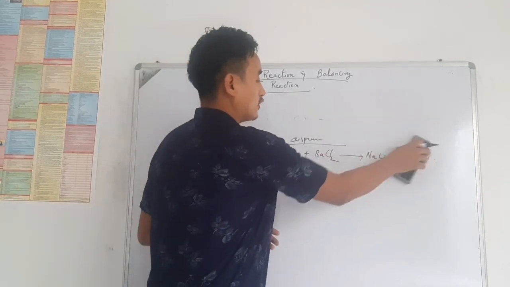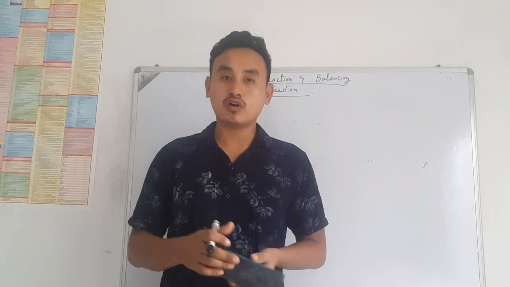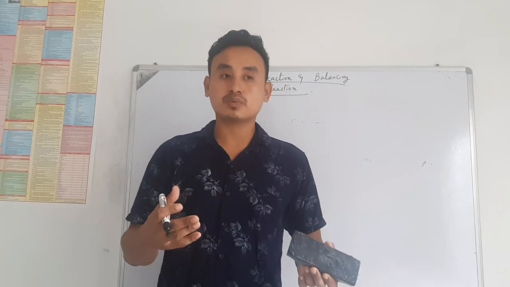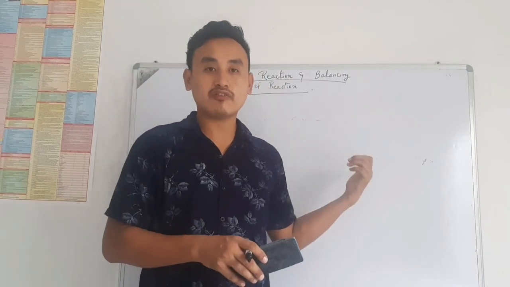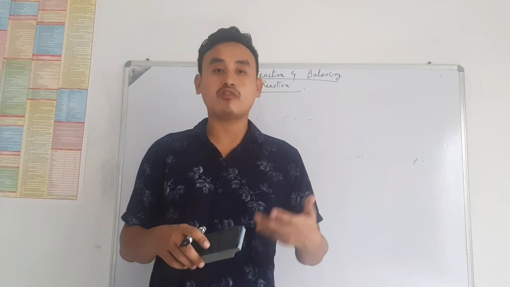What do we mean by endothermic and exothermic reactions? An endothermic reaction is a type of chemical reaction that involves the absorption of heat, that means the reaction proceeds with absorption of heat. On the other side, we have the exothermic reaction, in which the reaction involves the release of heat.